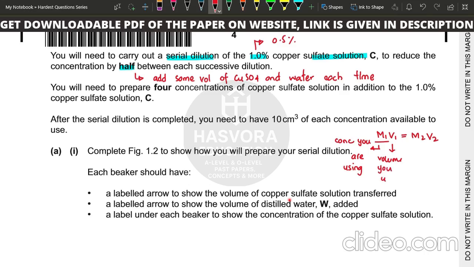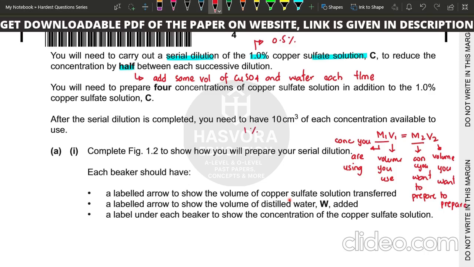M2 is the concentration you want to prepare, and V2 is the volume that you want to prepare.